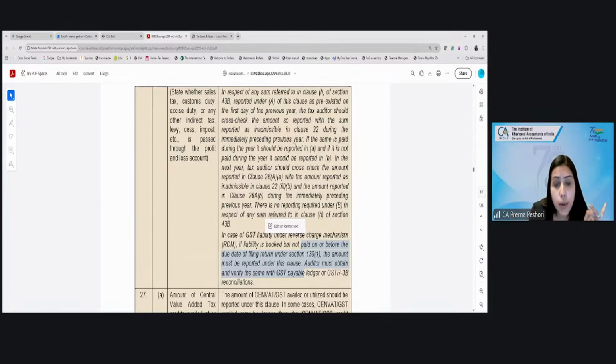And you should also check with clause 22 of the previous year as well. Because in the previous year of the tax audit report, you would have reported that these are the payments to MSME which are not paid as per section 15. Okay. And then you should write in this current year that these are paid in this particular year.